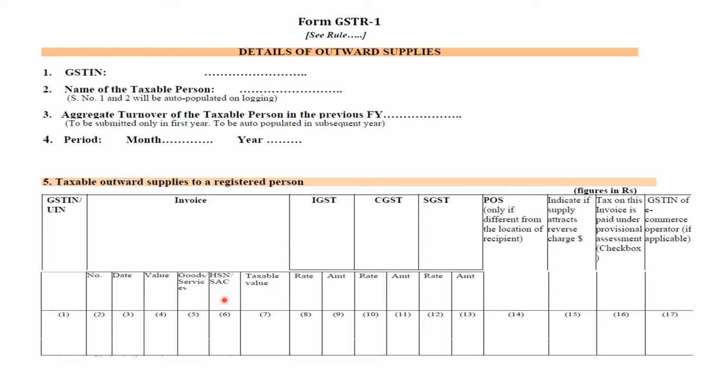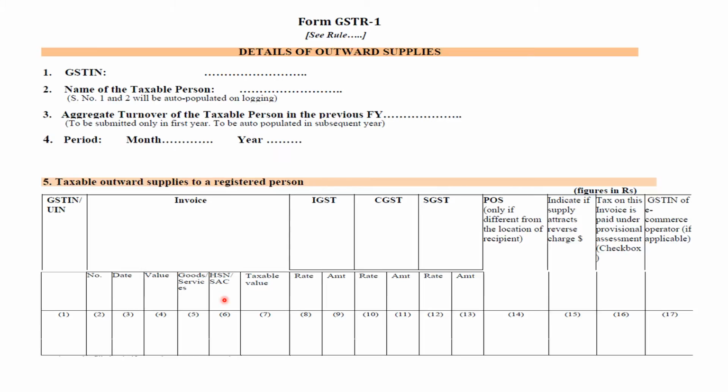And this HS and SAC means that if you are selling or supplying any goods or services, and there are multiple line items or multiple products that you are selling within a particular invoice, then you need to report all those details as part of the invoice detail. And you need to declare each and everything related to that particular invoice.